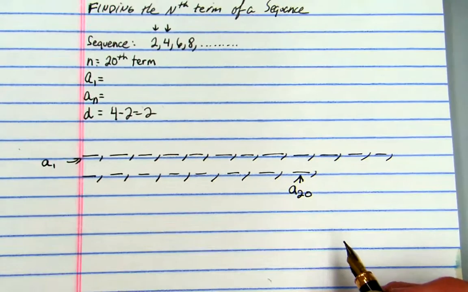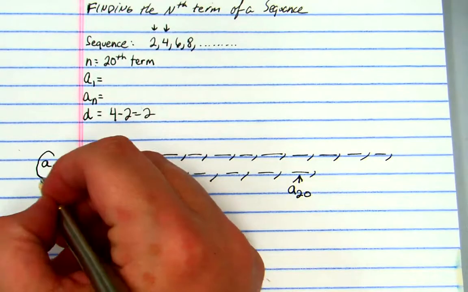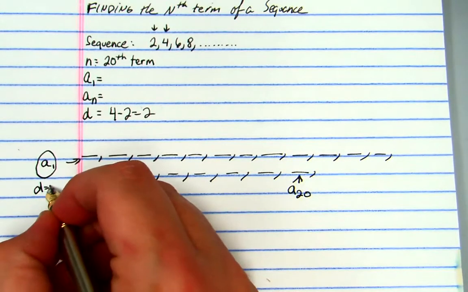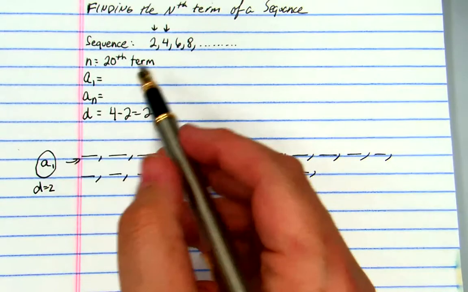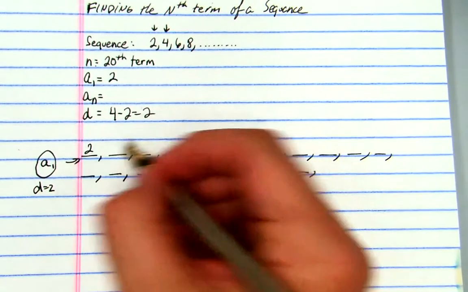Let me zoom out just a wee bit. So a sub 1 is going to play an important part because we need to know a sub 1. We need to know d. I know d is 2. A sub 1 is 2.